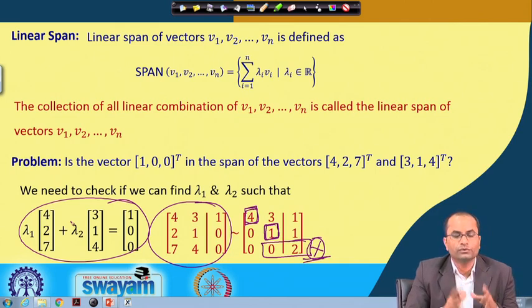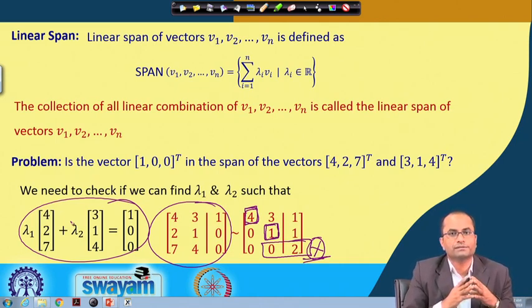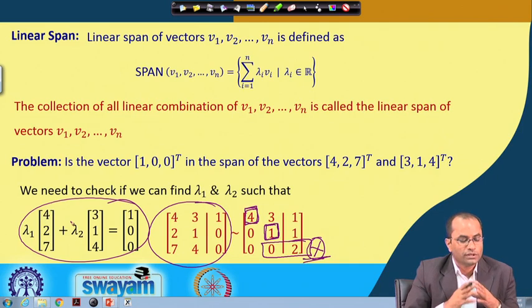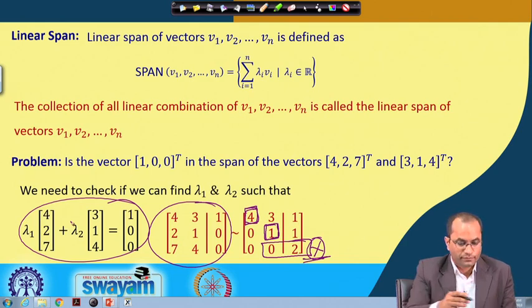There is no solution because our equations are inconsistent. So, we cannot get any solution of this given system of equations, and therefore, the answer to this question is that the vector (1, 0, 0) does not lie in the span of the vectors (4, 2, 7) and (3, 1, 4).